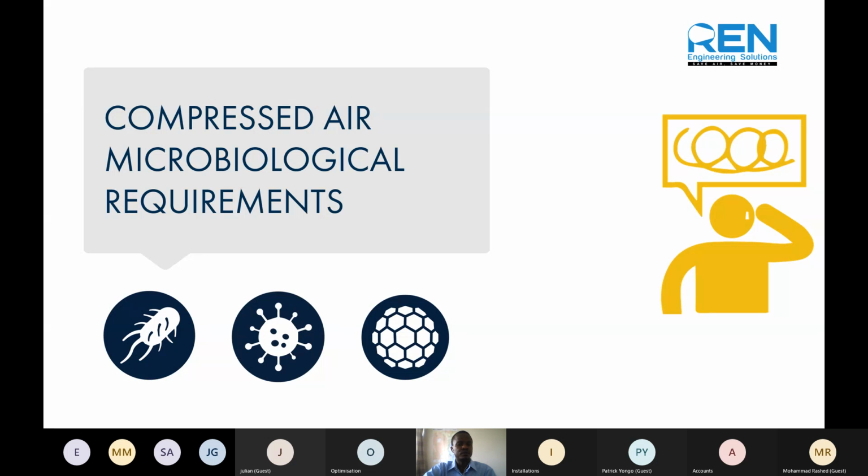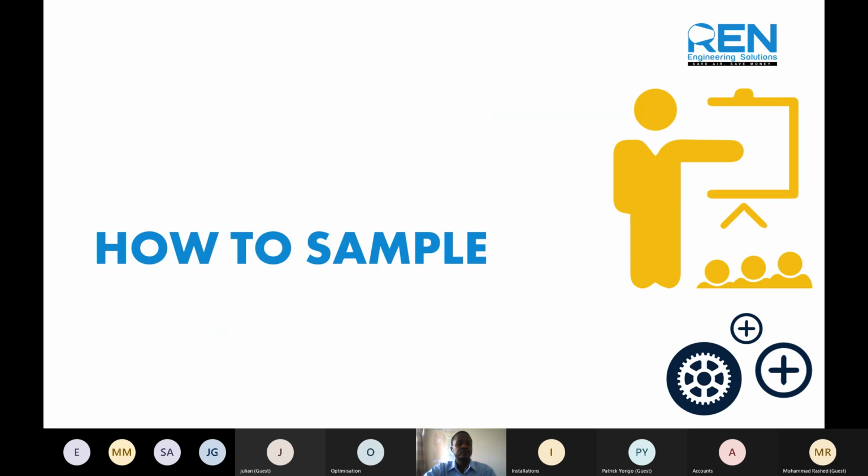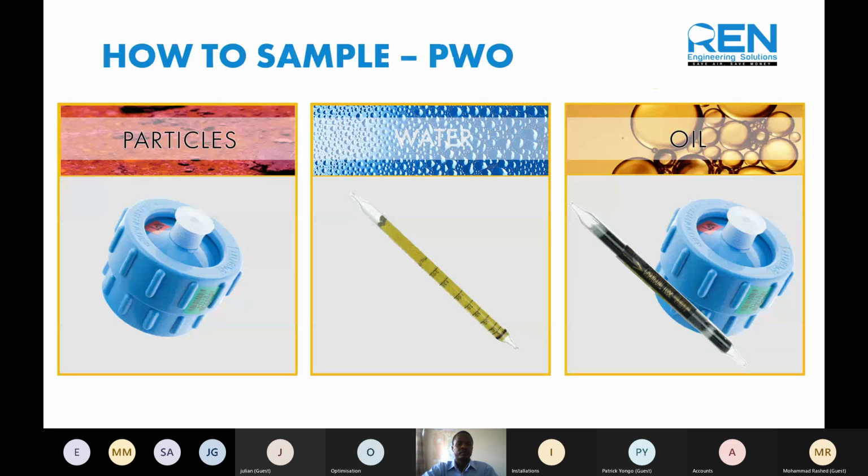So we'll just close with a couple more sections. So how do we sample? We take our samples for particles, water, and oil using the filters that you see. So for particles, we use the filter element that you can see. For water, we use a Draeger tube.